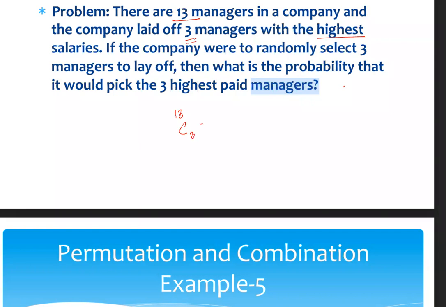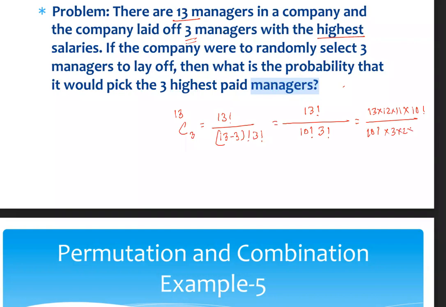13 C 3 is going to be 13 factorial divided by 13 minus 3 factorial times 3 factorial. 13 minus 3 is 10 factorial, and 13 factorial is 13 times 12 times 11 times 10 factorial, divided by 10 factorial times 3 times 2 times 1.